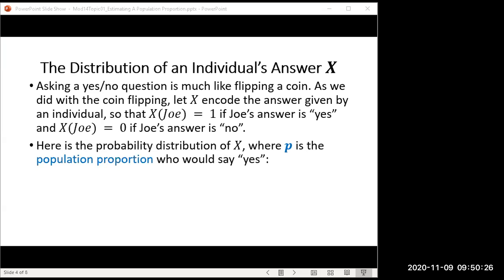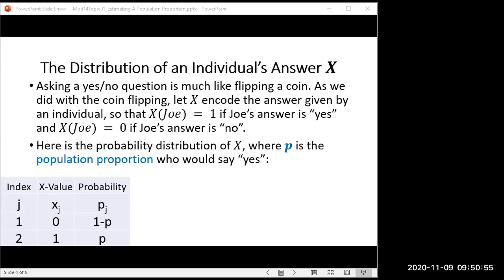And it has a probability distribution. The index goes from 1 to 2 because there are two different values of x. The first value of x is 0 if the person says no. The second possible value of x is 1. So x1 equals 0 and x2 equals 1.